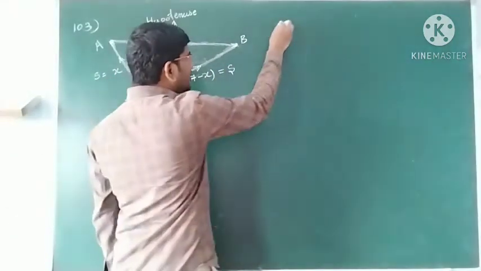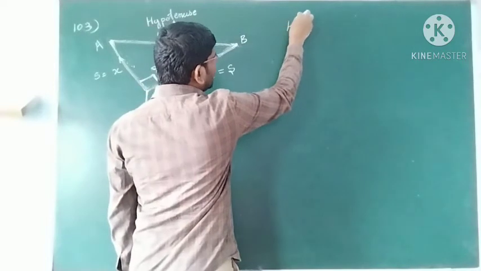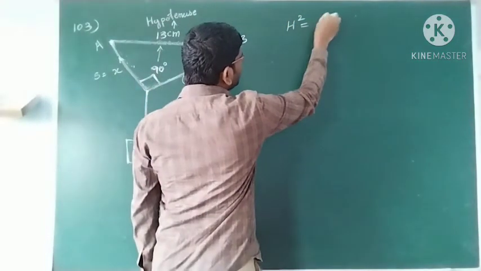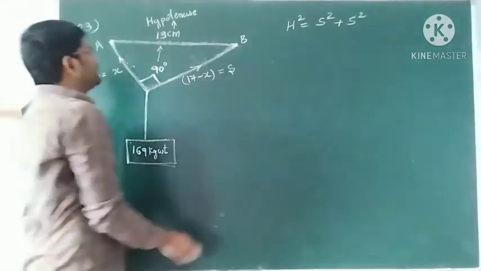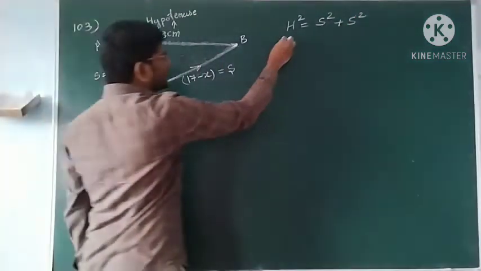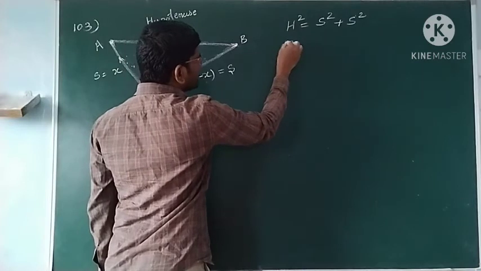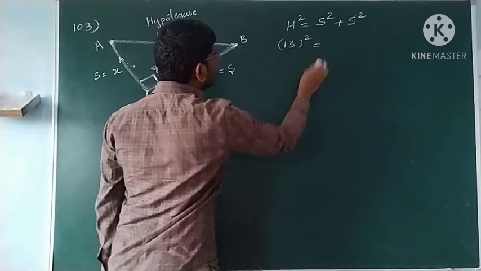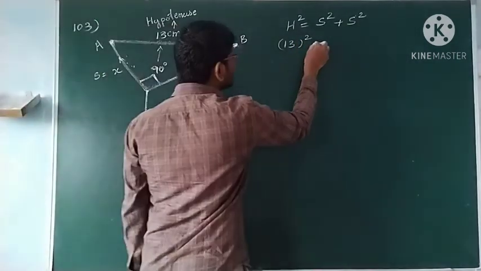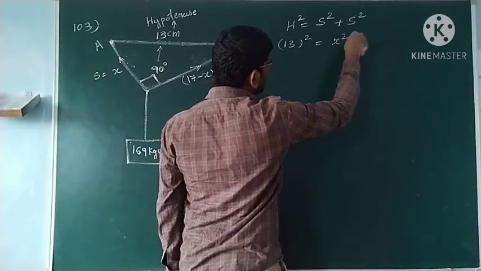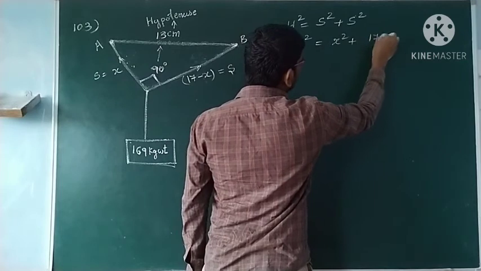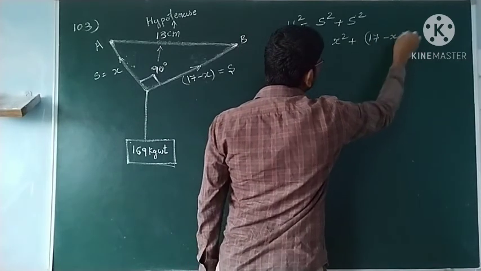Then from the Pythagoras theorem, hypotenuse square equals side square plus side square, so we write 13 square equals x square plus 17 minus x whole square.